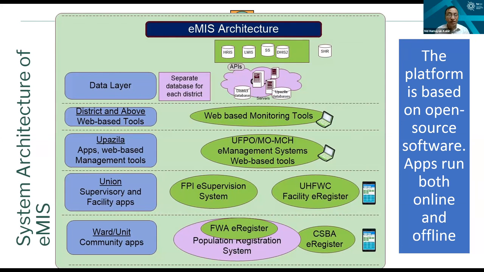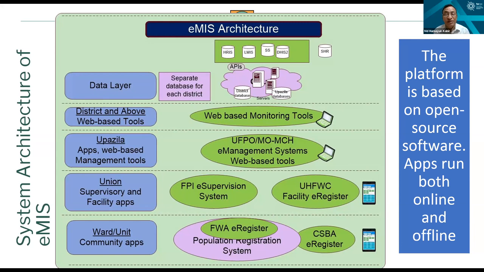And next we looked at their supervisors. All the apps they use are directly connected with supervisors, which is the union or second layer from bottom. And then at the third layer, we have managers who are based in sub-districts, and they are also connected. And at the district levels, we also have tools for monitoring by managers and district managers and others.